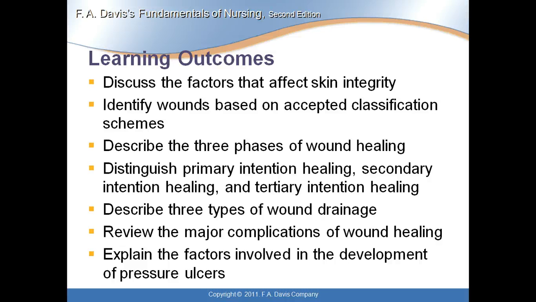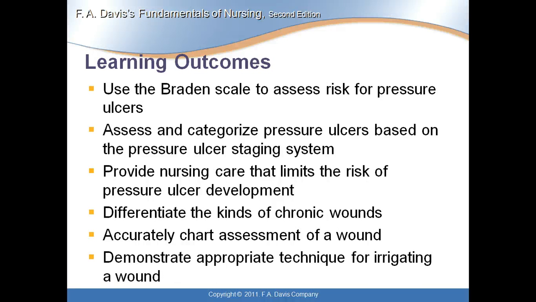We have reviewed the major complications of wound healing, explain the factors involved in the development of pressure ulcers, use the Braden scale to assess risk for pressure ulcers, assess and categorize pressure ulcers based on the pressure ulcer staging system, provide nursing care that limits the risk of pressure ulcer development, differentiate the kinds of chronic wounds, accurately chart assessment of a wound, demonstrate appropriate technique for irrigating a wound.